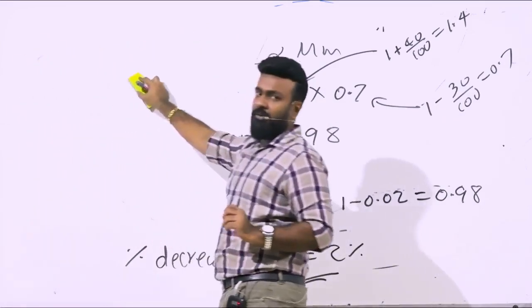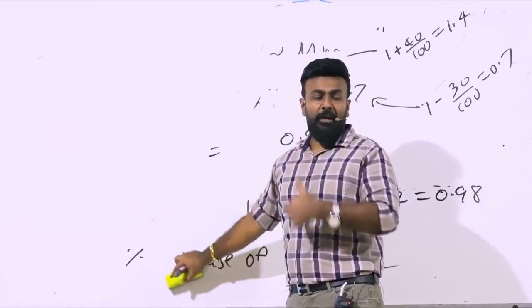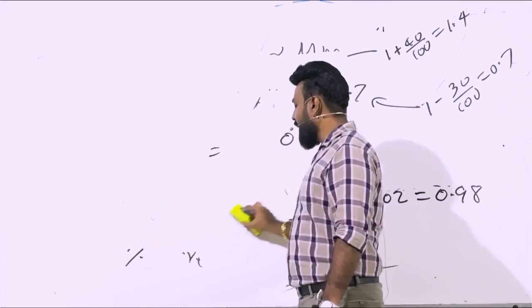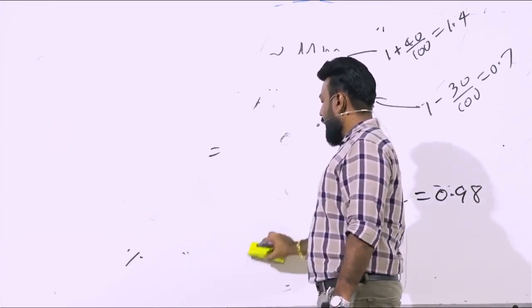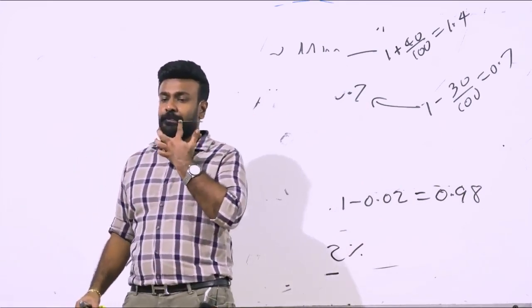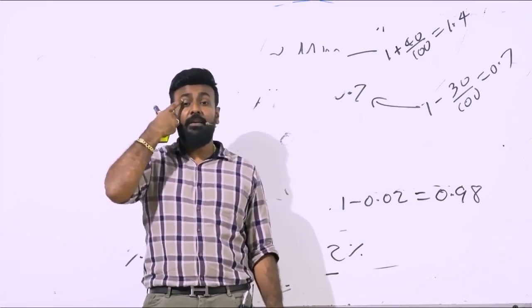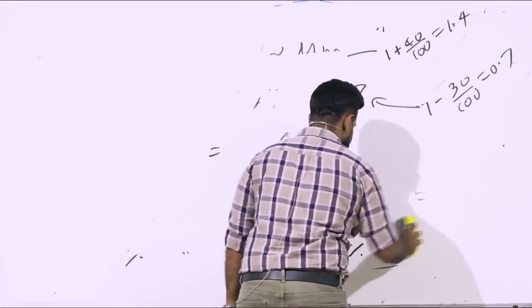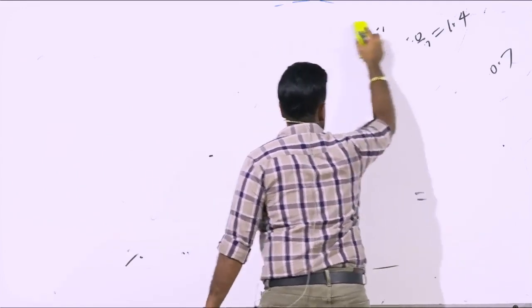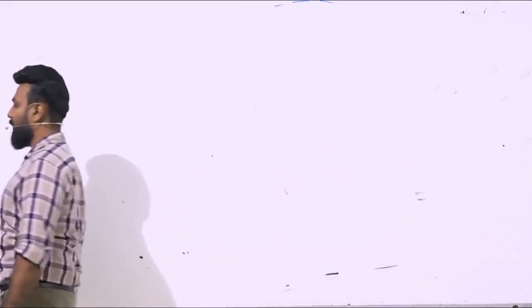Those who are talking, be quiet. If the length of one side of a square is increased by 30%, what is the percentage increase of area?